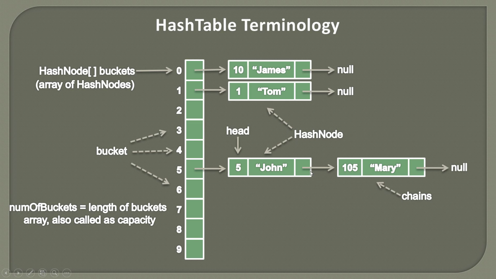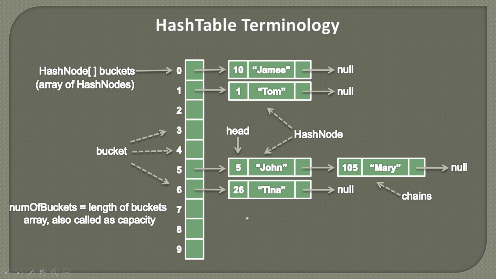You can add the newly inserted node at the end or at the beginning, or you can insert in sorted form, based on the keys, like 5 comes before, 105 comes later, and then 205, 305, something like that. So you can insert multiple key value pairs, which are also called hash nodes, in whichever way you want.